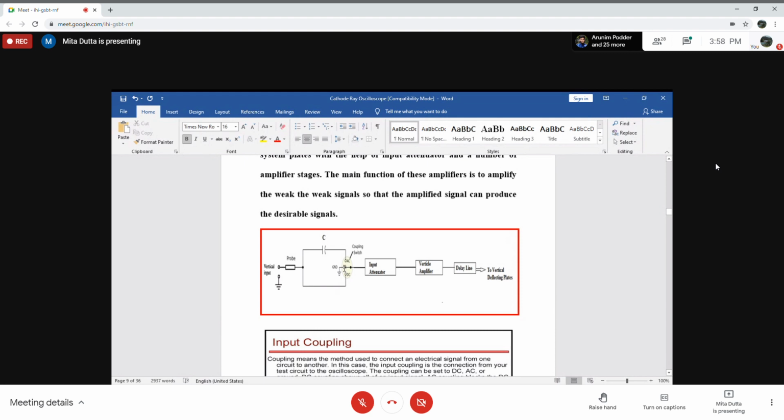Now when the coupling switch is connected to the AC position, from the figure we have seen, we have a capacitor in series. What will this capacitor do?